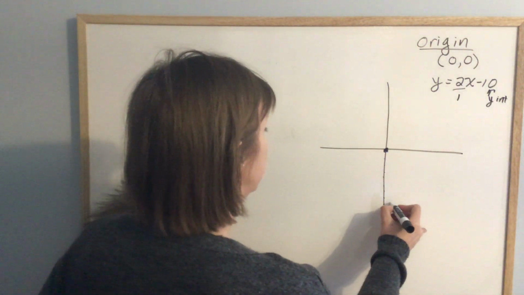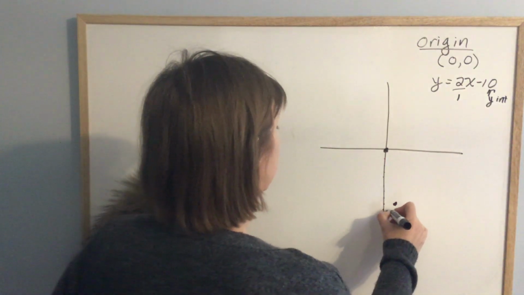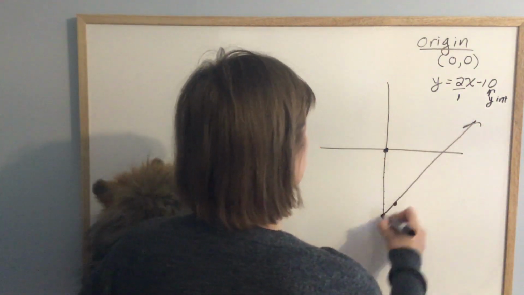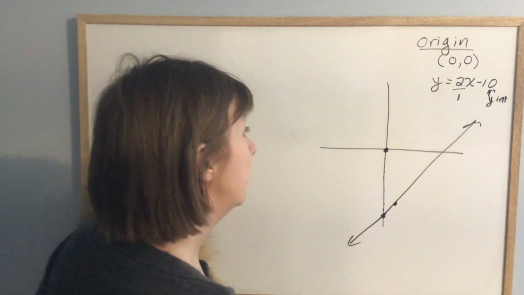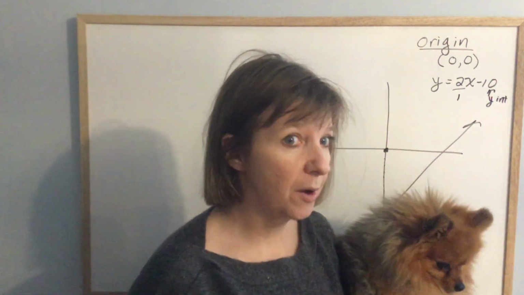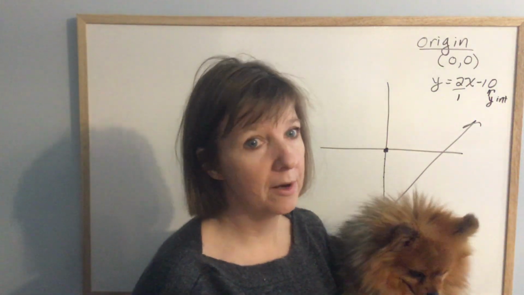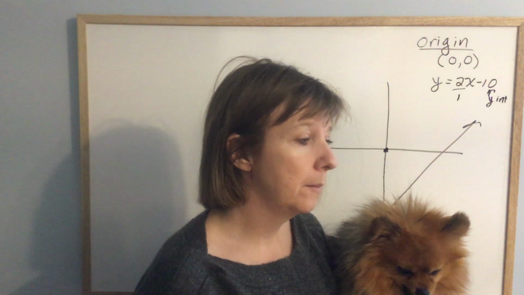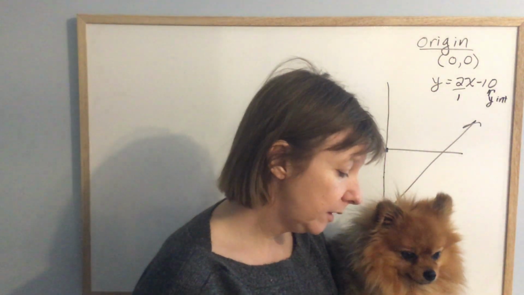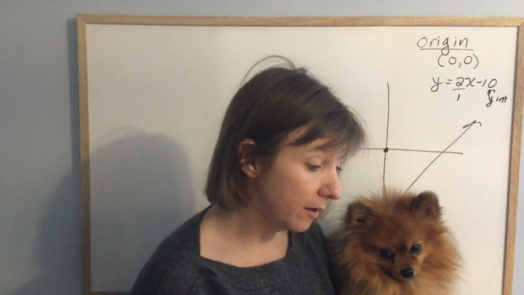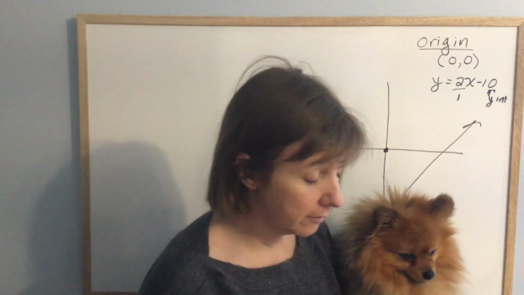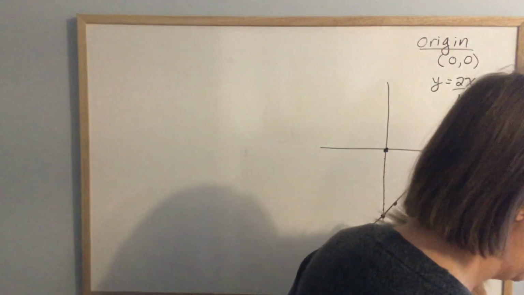So up 2 and over 1. So here's my line. If you put the line in the wrong spot, as long as you do the math right, it doesn't really matter, but for me, it helps to draw it.